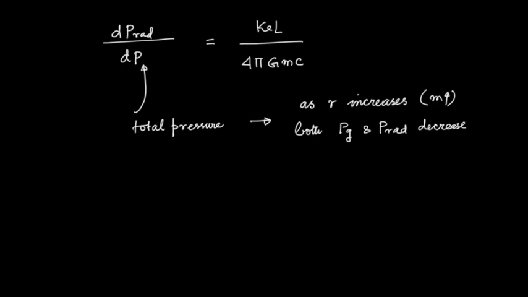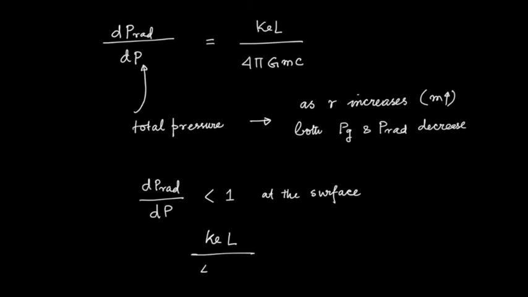So if both pressures are decreasing outwards, P radiation is lesser than P. So dP radiation over dP, because we are not considering negative pressures here, of course, this should be less than 1 at the surface of the star. It's always so also at the surface. So what does it mean?